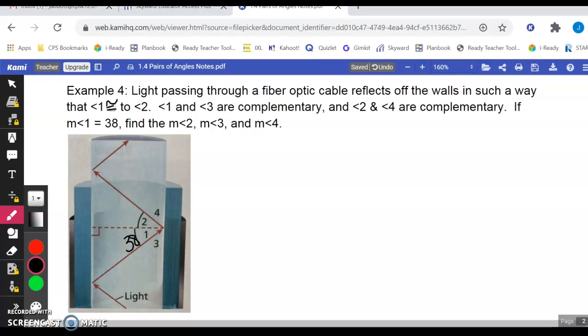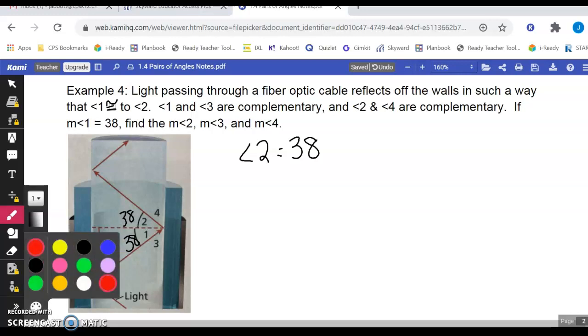They told us that the measure of angle 1 is congruent to angle 2. So angle 2 would be the same thing as angle 1, so angle 2 would be 38. And then we have to find the measure of angle 3. Here's angle 3. Angles 1 and 3 together form a right angle.